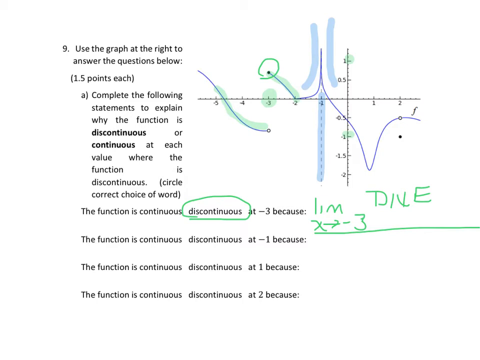But because limits at infinity are not possible to quantify, then it is discontinuous, because the function itself, f of -1, is undefined. So it's not really the limits that are the issue, it is the fact that f of -1 is undefined.